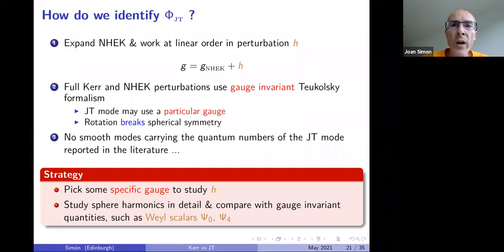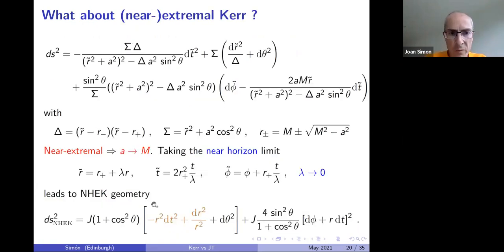So what are we going to do? The thing that we did is that JT captures the fluctuations of the near horizon of whatever extremal black hole you started with. Sorry, I forgot to mention, I apologize, because I'm too old and for me this is known, but this near horizon geometry for near extremal Kerr has a name.